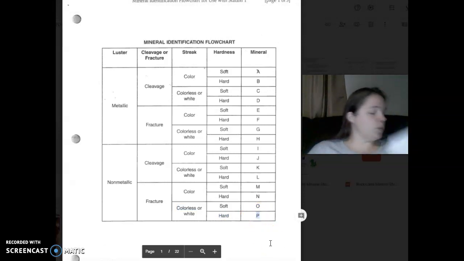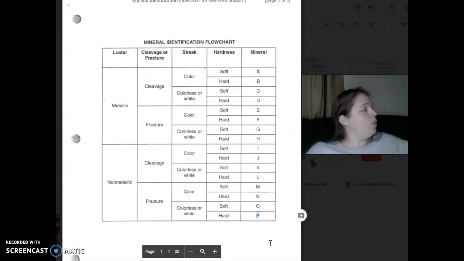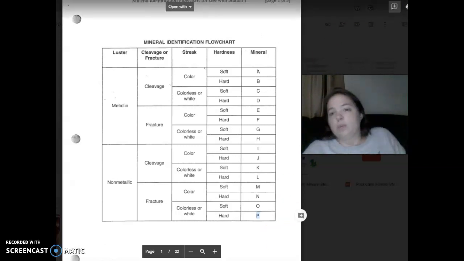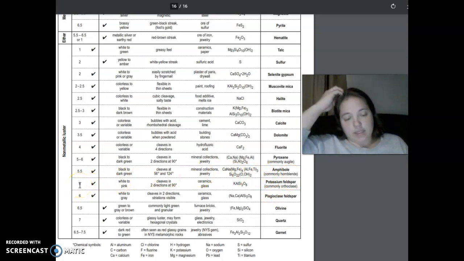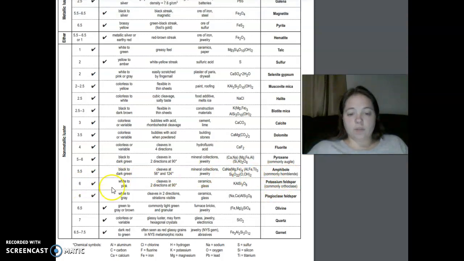All right, and the last one I want to go through with you guys real quick. Why don't we look at potassium feldspar? Don't mix it up with plagioclase. It's potassium. It's the one commonly known as orthoclase. So let's look at it here. It's a 6, so it's kind of hard. It cleaves.